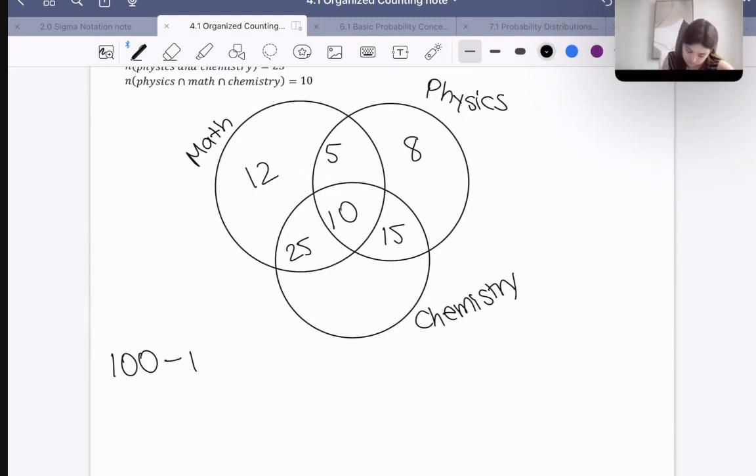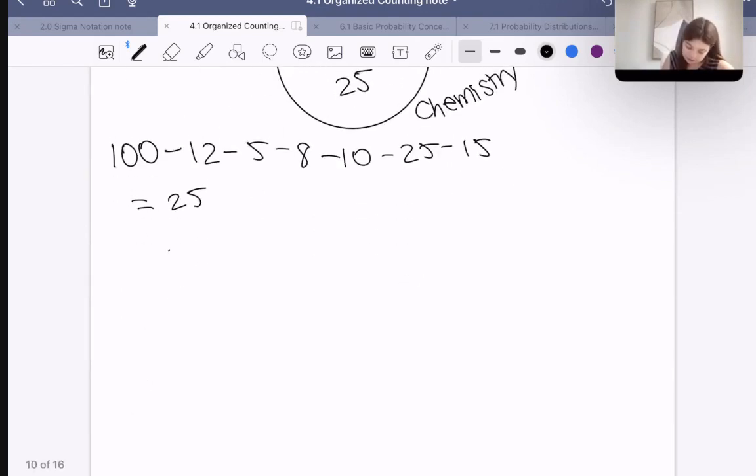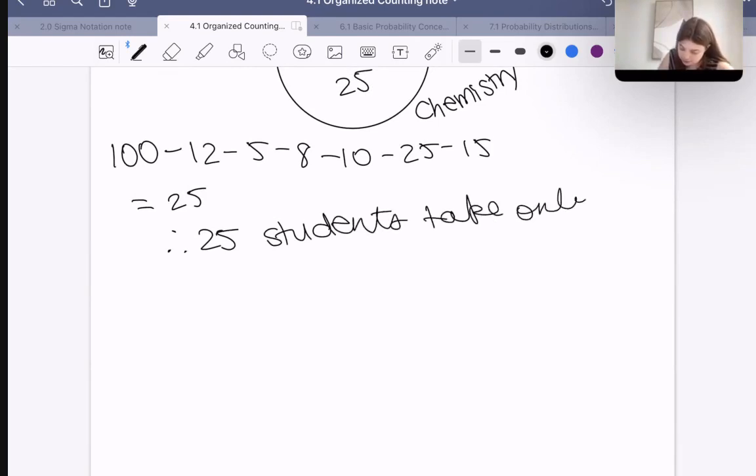So minus 12, minus 5, minus 8, minus 10, minus 25, minus 15, and that is equal to 25. So therefore, 25 students take only chemistry in this situation.